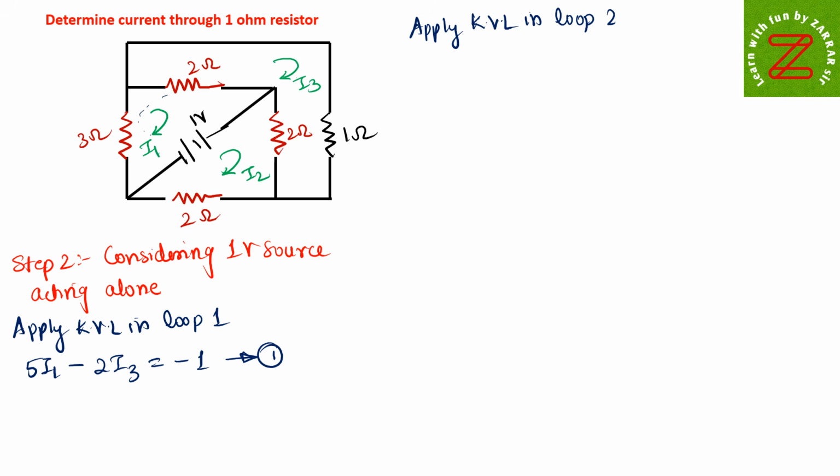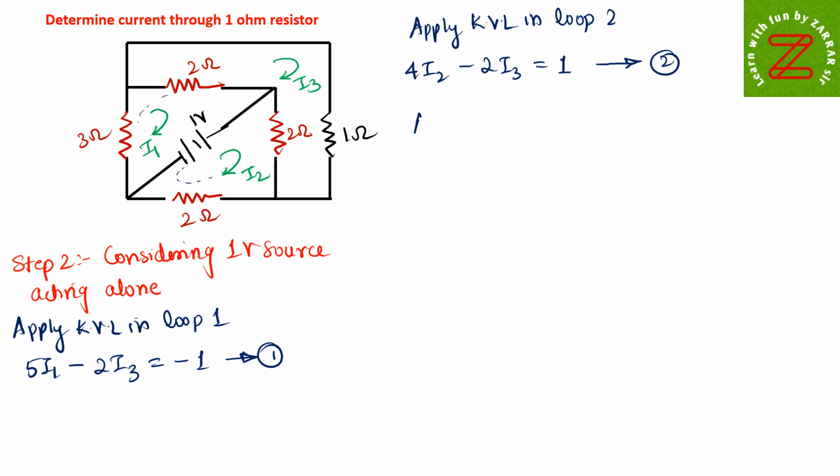Now if I apply KVL in loop 2, 2 plus 2 is 4, minus, this 2 ohm is in I3 also. So 4i2 minus 2i3 is equal to, and now you are moving from negative to positive, that means you will have positive, plus 1. So this is my equation number 2. It was very simple.